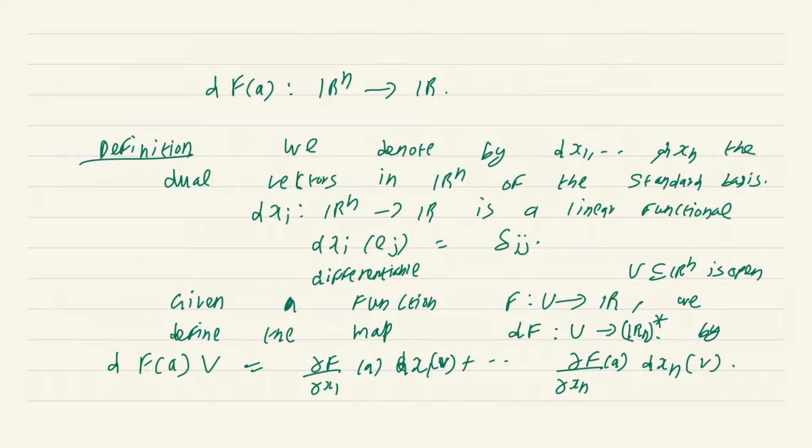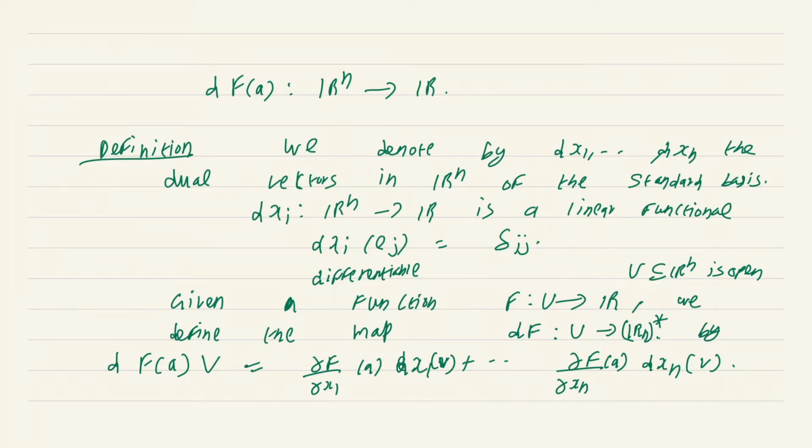So essentially what this df does is that for each point a in U, it outputs a linear functional, and the linear functional is essentially nothing but the derivative map of f at the point a. So for each point a in U, you get a linear functional from Rn to R.